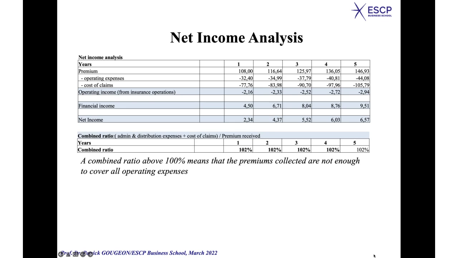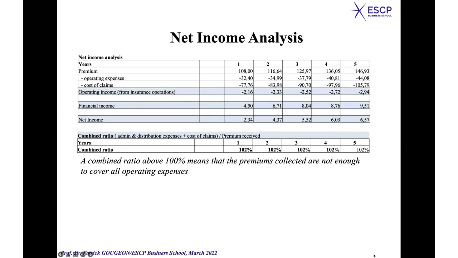Another way to approach this is to look at the combined ratio, which is a ratio which insurers calculate and publish regularly. You see, the combined ratio is the ratio of the total cost, operating cost, admin plus distribution expenses, the 30% in our case, plus the cost of claims over the premium received.